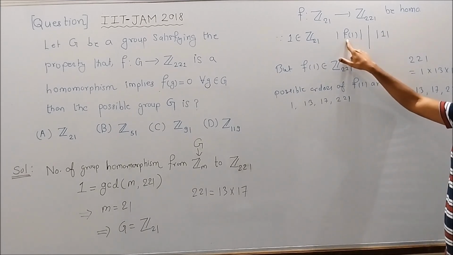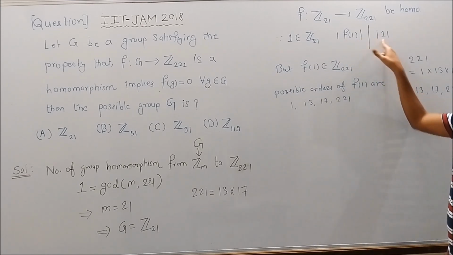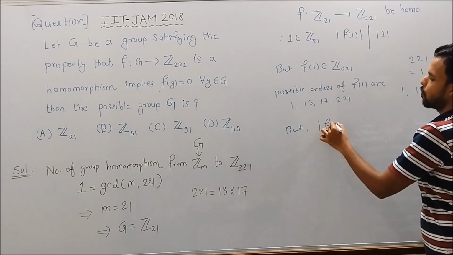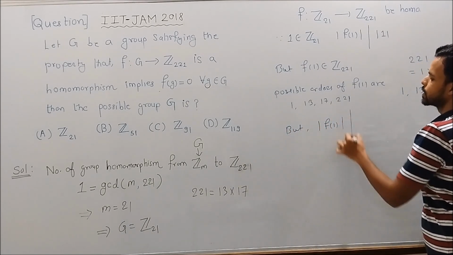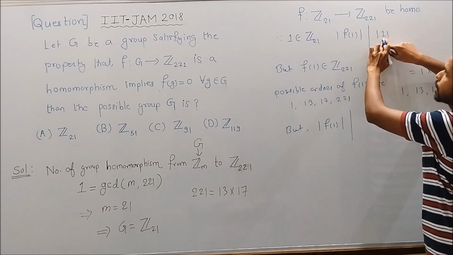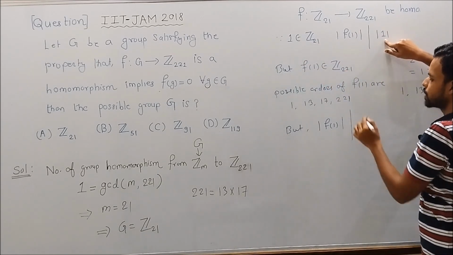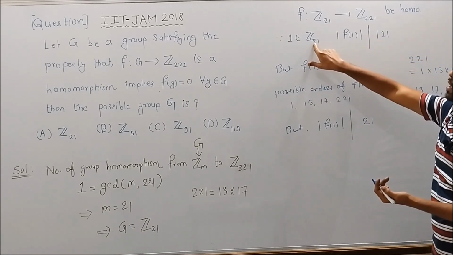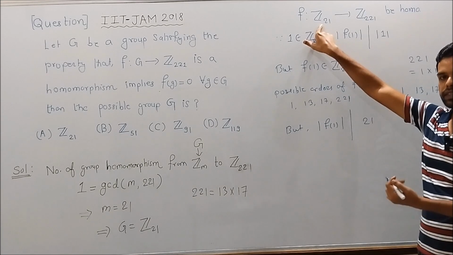But the order of f of 1 divides the order of 1. 1 belongs to Z21 and has order 21 because it is a generator of the cyclic group Z21.